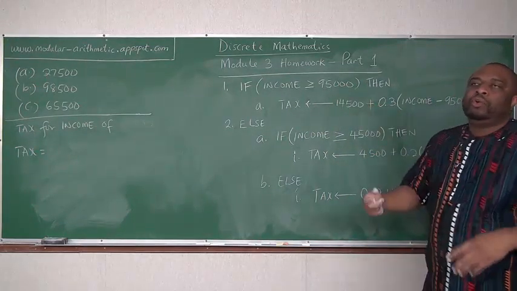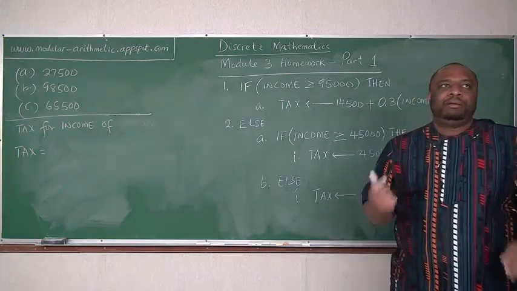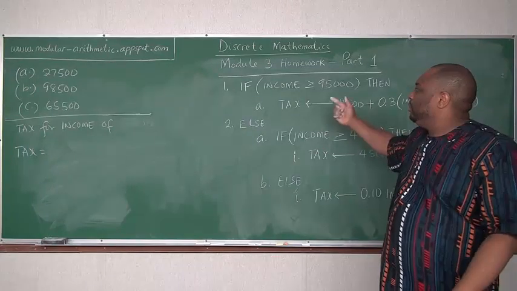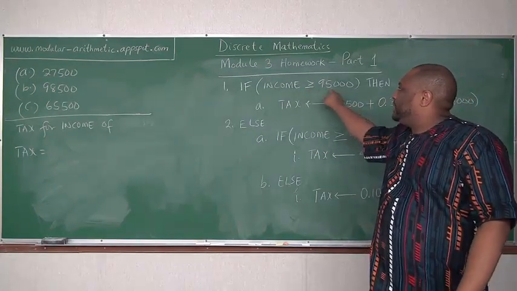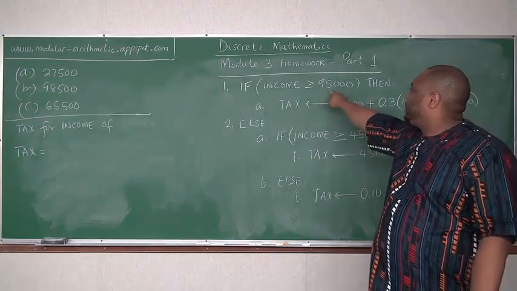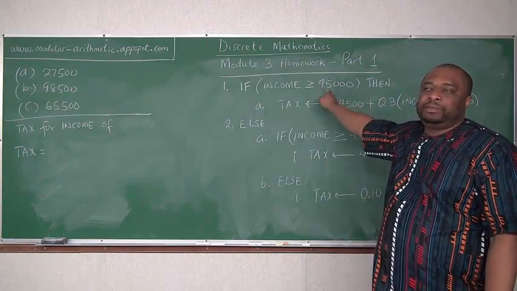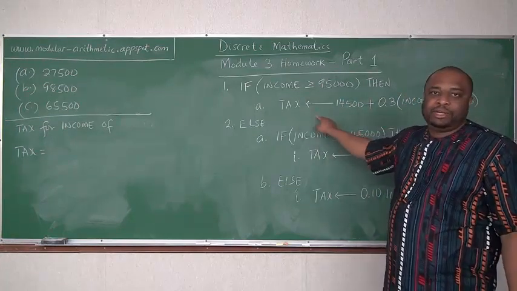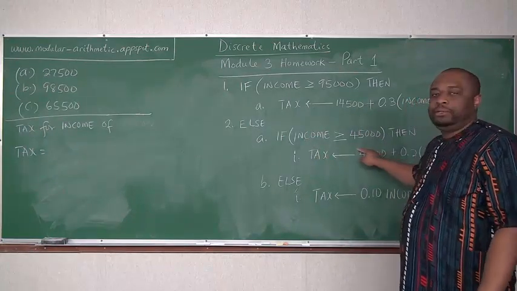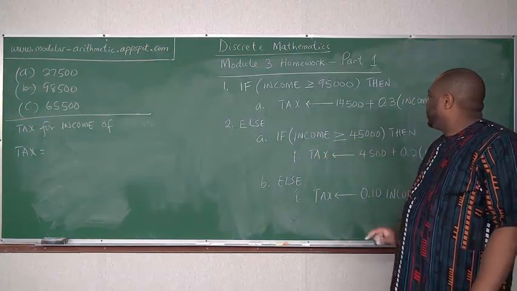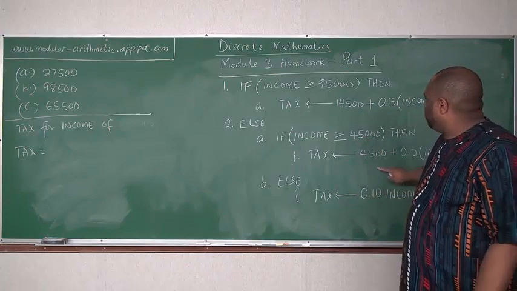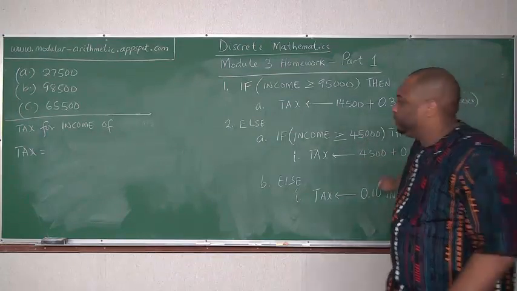So when you're writing this in a programming language and you put in the income, it goes through here, and if the income is not greater than or equal to 95,000, then follow this condition. If the income is greater than or equal to 95,000, go ahead and execute this code. If not, follow this. You have another condition here. Then we see that the income is greater than 45,000. So this is the code that we are going to use.